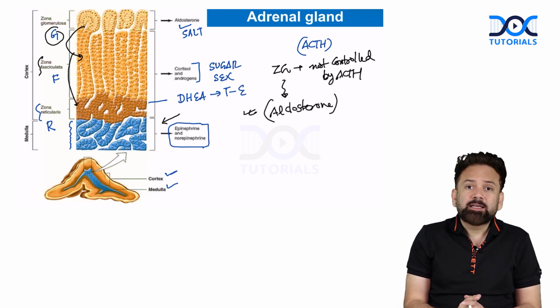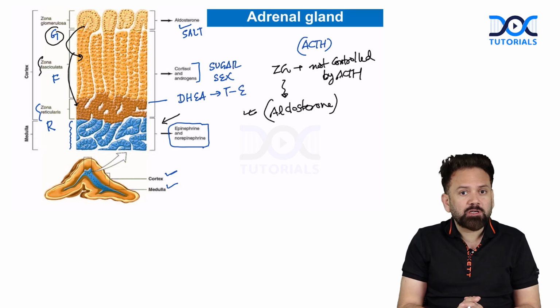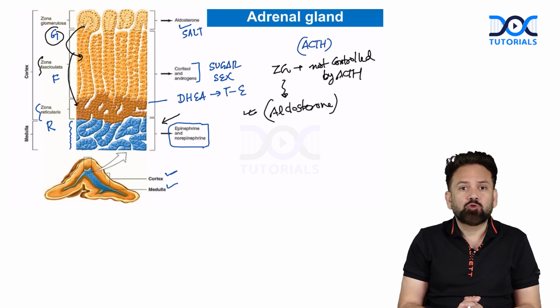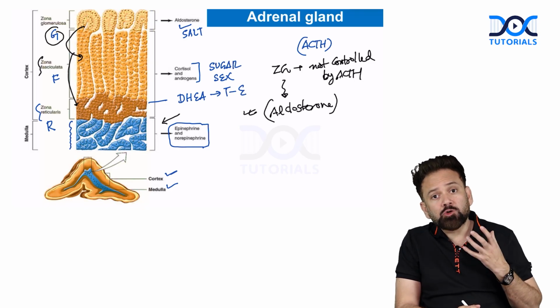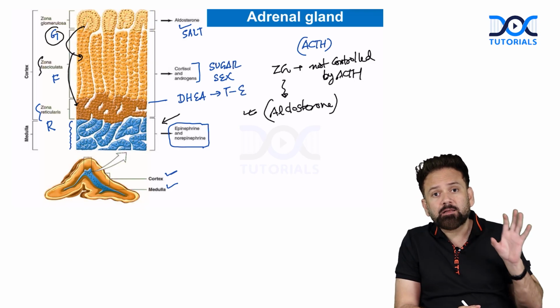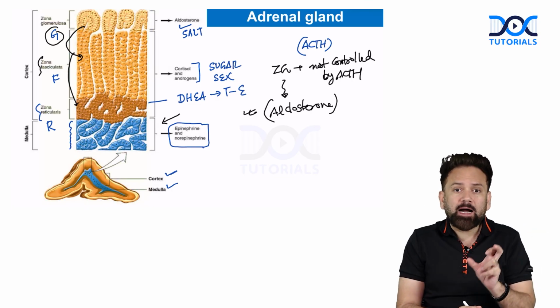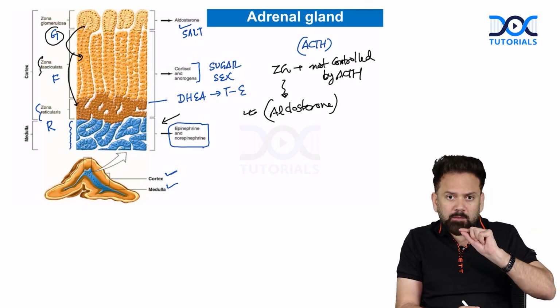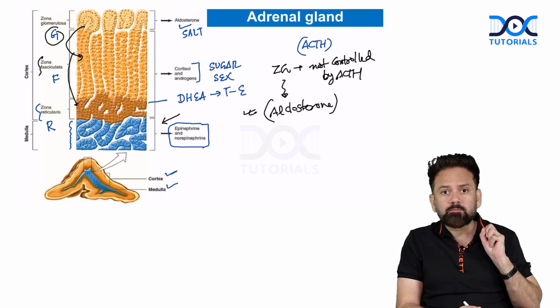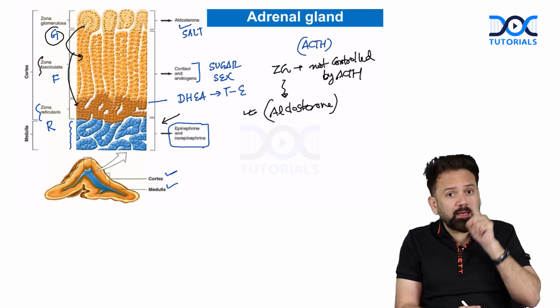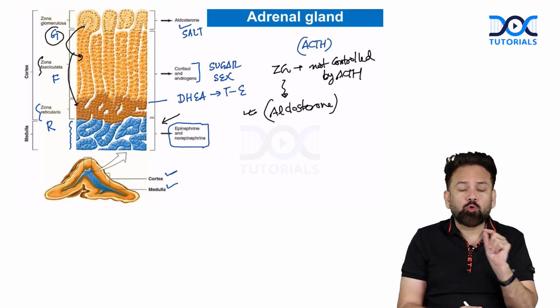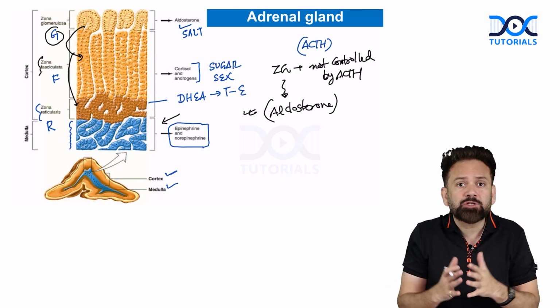Then we discussed ENaC gain of function mutation. It was called Liddle syndrome. In Liddle syndrome also, there will be more and more sodium absorption, more and more water absorption. So in Liddle, just like in Conn syndrome, we will have hypertension. But because there is an increase in sodium, ultimately aldosterone will be suppressed. So Liddle syndrome and Conn syndrome both will present with hypertension.